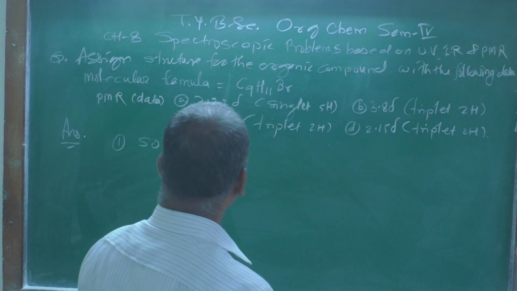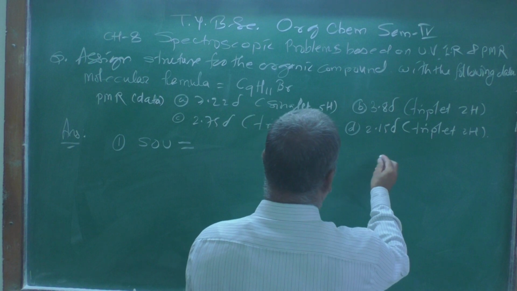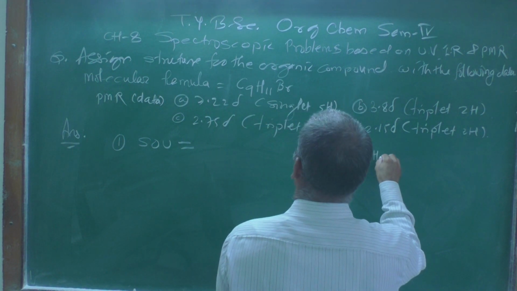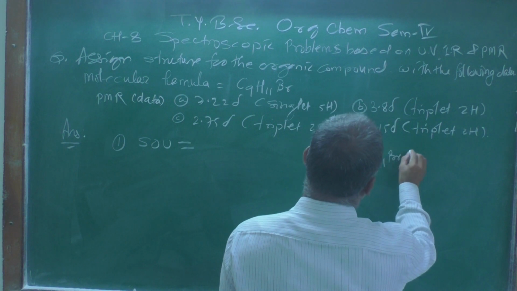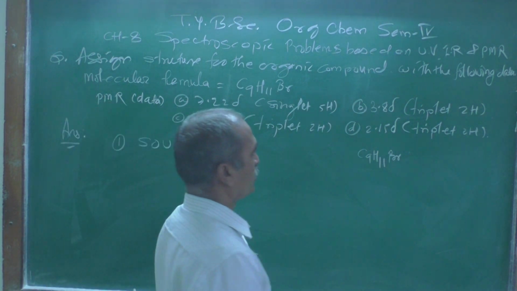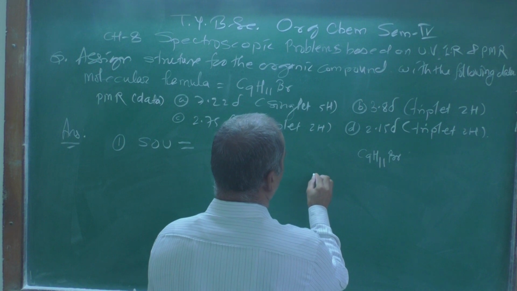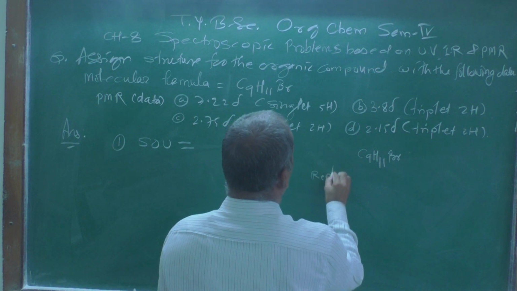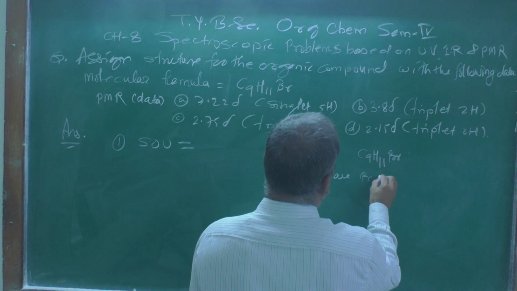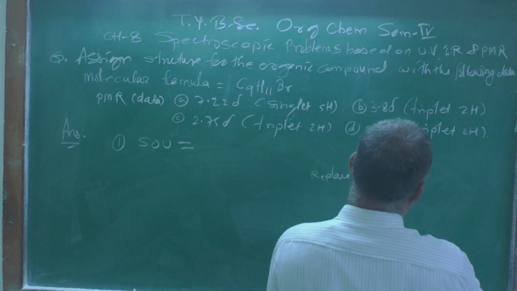Now, separately you can remember, here the molecular formula given is C9H11Br. Now Br, according to our rule, is replaced by a hydrogen atom.